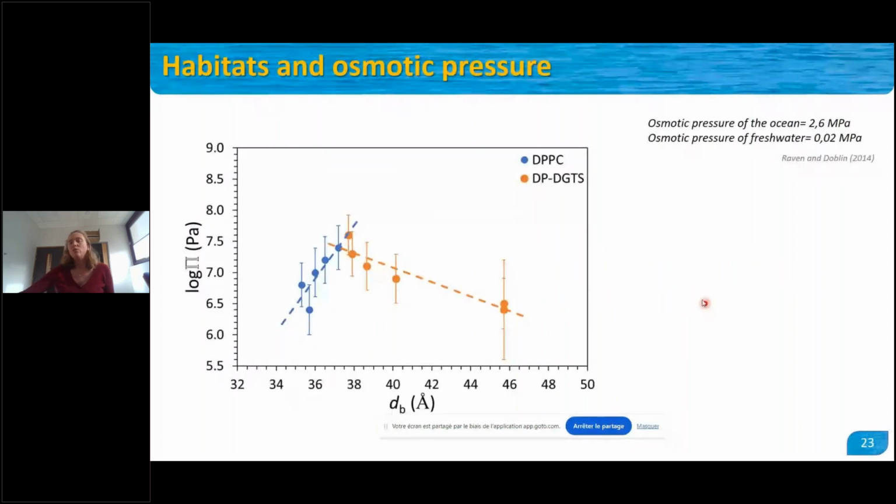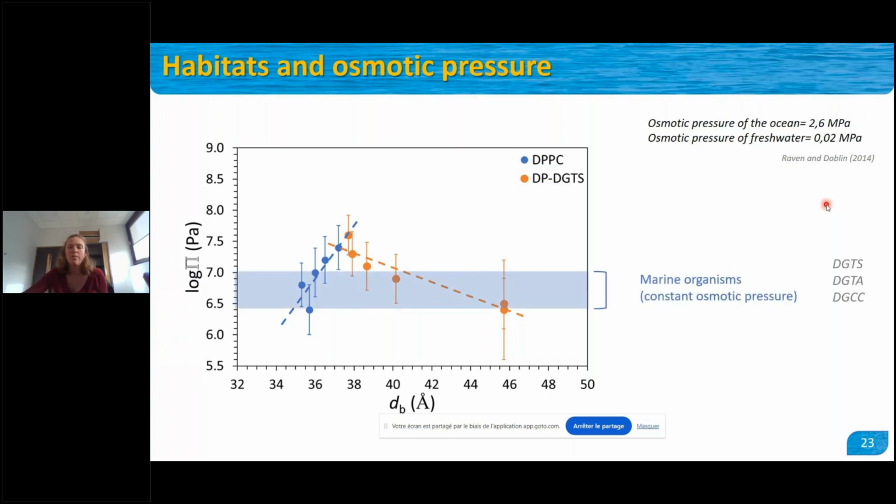The osmotic pressure of the ocean is around 2.6 megapascal, whereas the osmotic pressure of fresh water is around 0.02 megapascal. If you put that on our graph, marine organisms have an almost constant osmotic pressure, and that's in this range of our graph. Whereas freshwater organisms are in this range of our graph, much lower, and they range here.